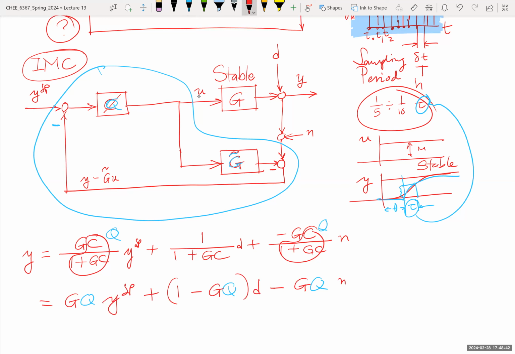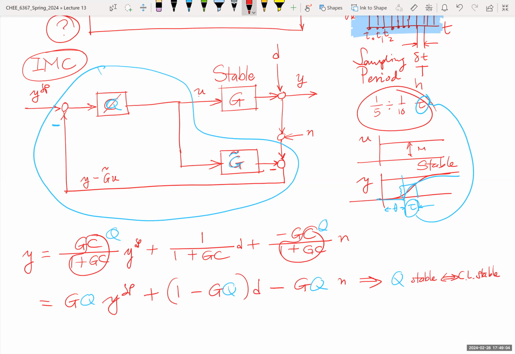We get from this simple idea here that Q stable is necessary and sufficient for closed loop stability. So if Q is stable, then the closed loop is stable, and vice versa. If the closed loop is stable, then Q must be stable. There is no other way around.